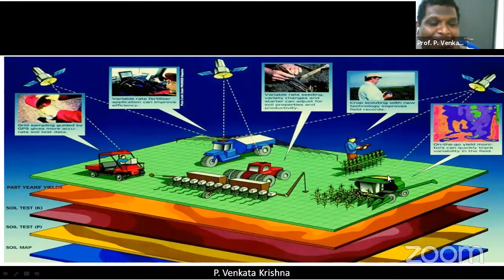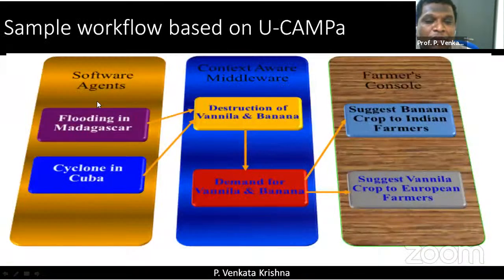Now this is what we mean by precision agriculture. To help you understand what I was referring to, there are three blocks here, and with reference to our previous architecture, there are software agents.